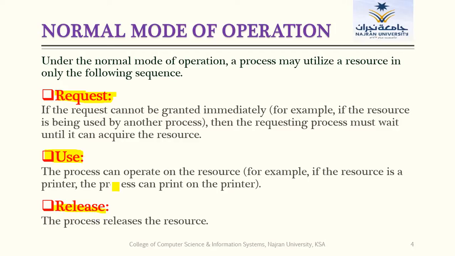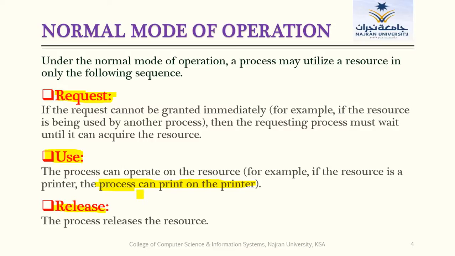Let's suppose there is one example. If the resource is a printer, the process can print on the printer. So the printer is one resource. If I give a command to print, it means the process needs a printer. If the printer is busy, already printing another request, then he has to wait.